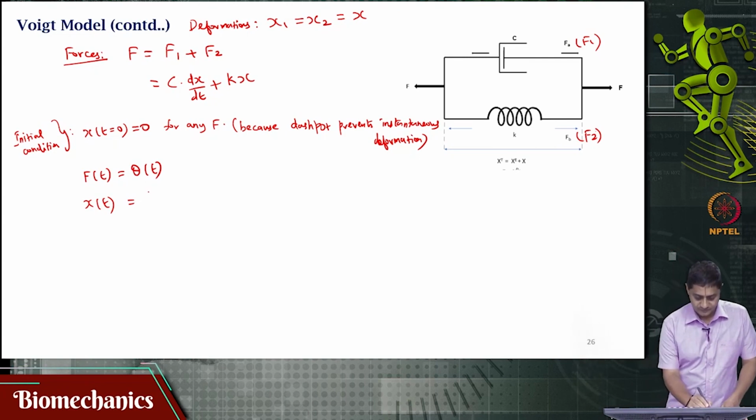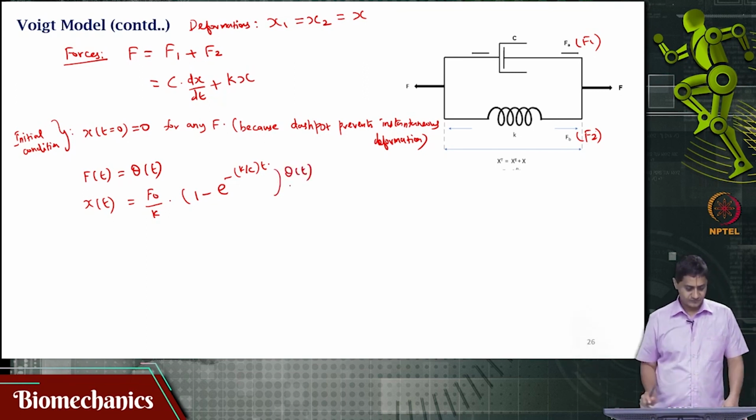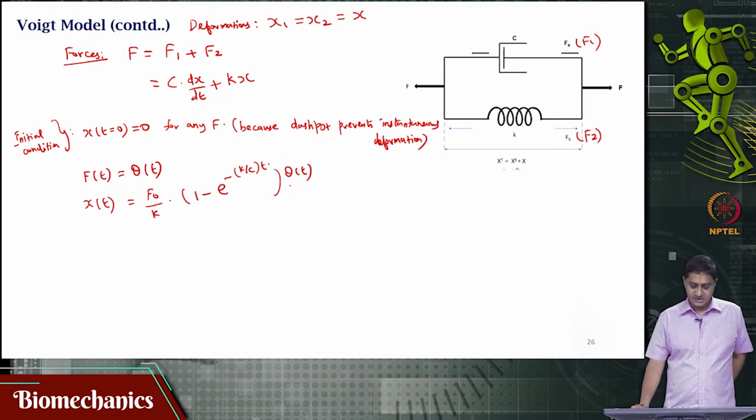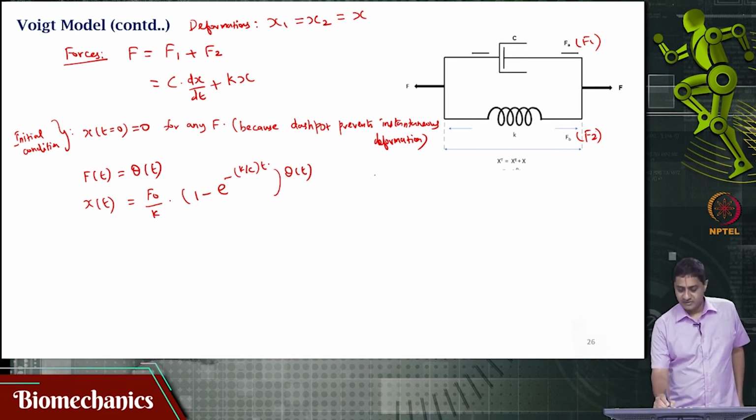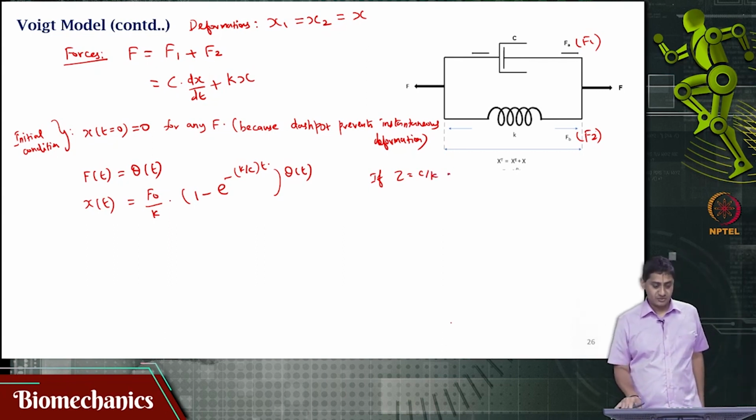That would be f naught by k times 1 minus e power minus k by c times t, whole thing times theta of t, right. If tau is equal to c by k, this would become 1 minus e power minus t by tau, right.